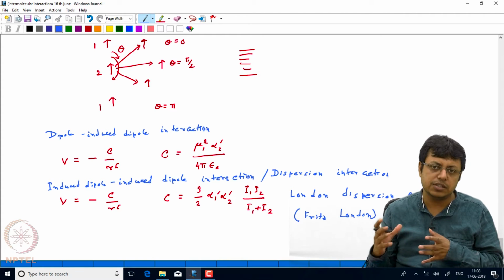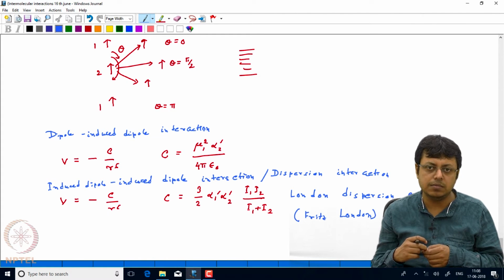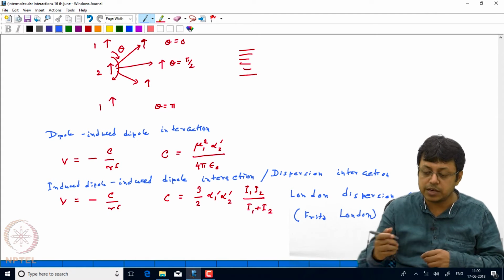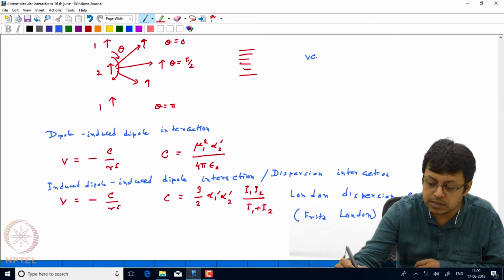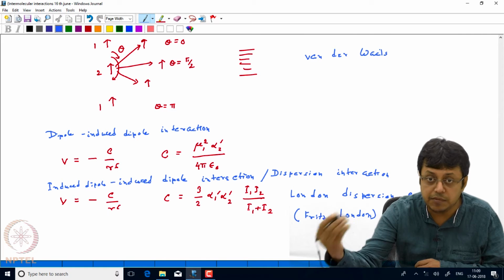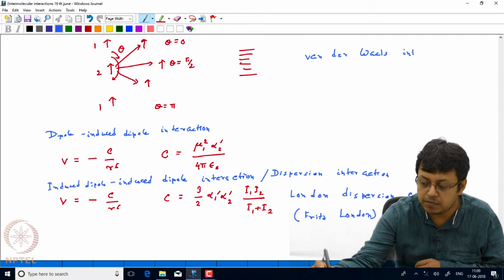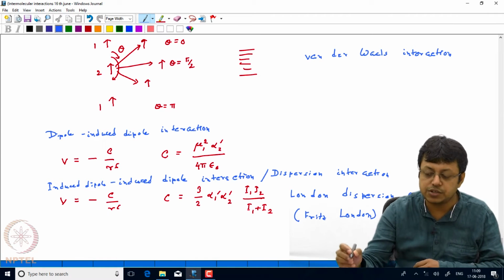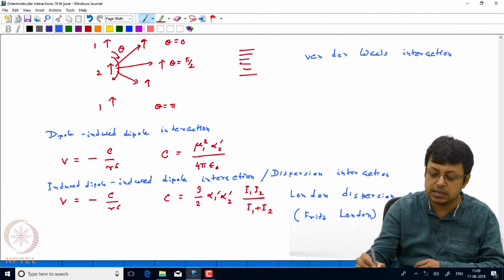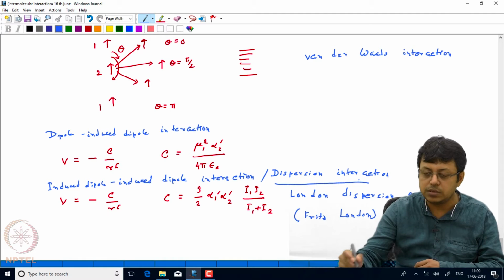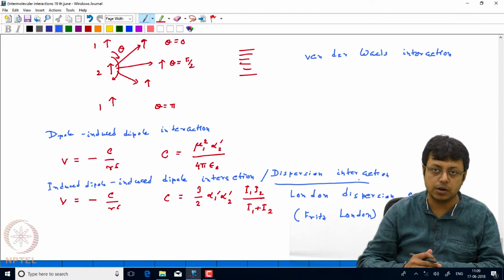So, all these interactions are generally called van der Waals interactions. These van der Waals interactions are those interactions which account for the deviation from ideal behavior, and in most cases the dominating interaction under the van der Waals interaction is the dispersion interaction, which was described by Fritz London.